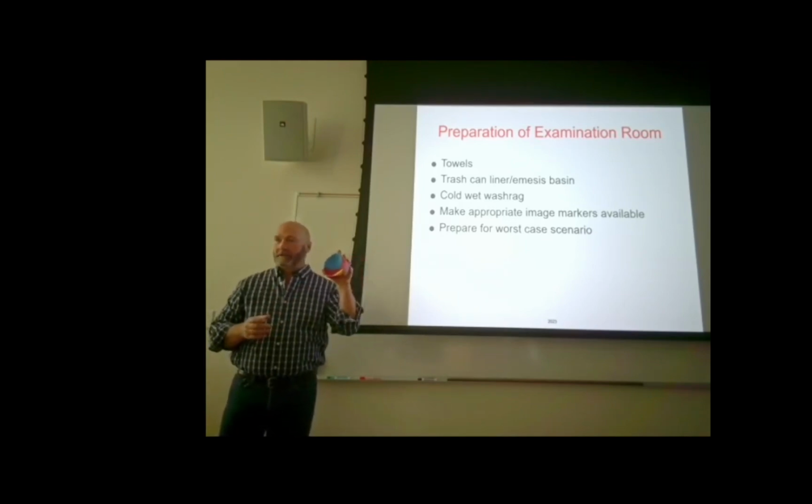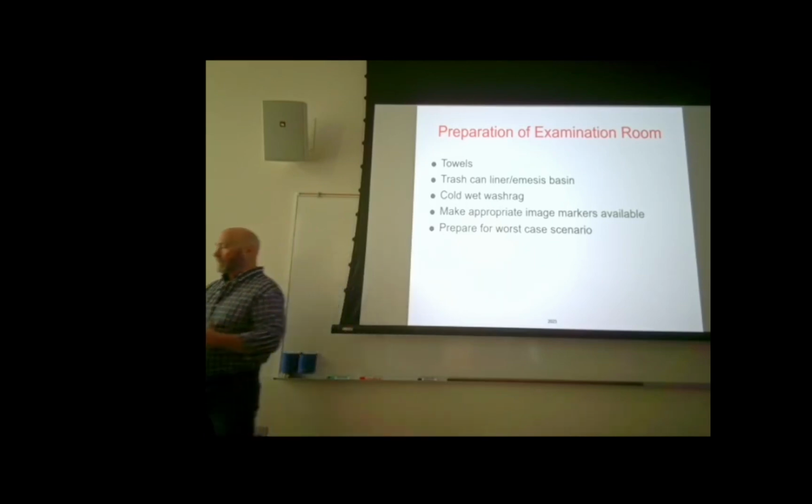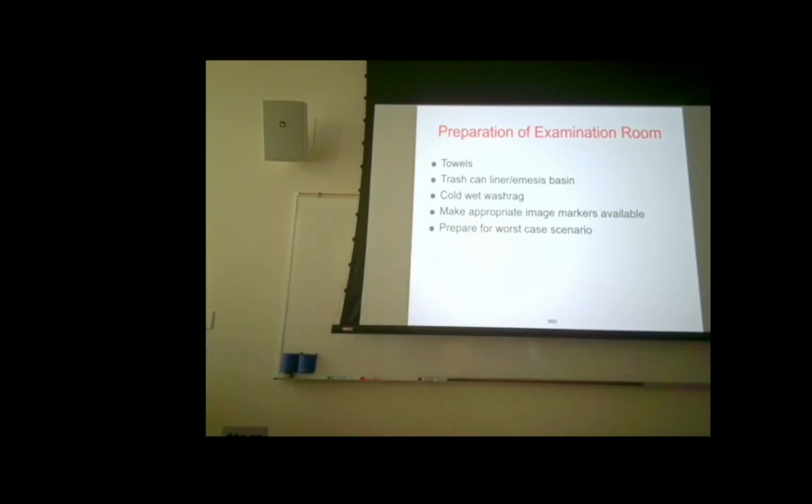That's not going to hold it, right? So what I really recommend that you do is make sure you've got a clean trash can liner, and then have the trash can immediately available so that you can scoot it over to the patient. You don't have to aim at a trash can, right? You give them one of those little kidney bean shaped emesis basins, and they've got to be pretty precise. Have all the stuff that we talked about before.